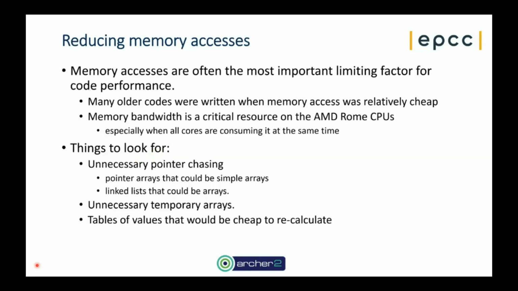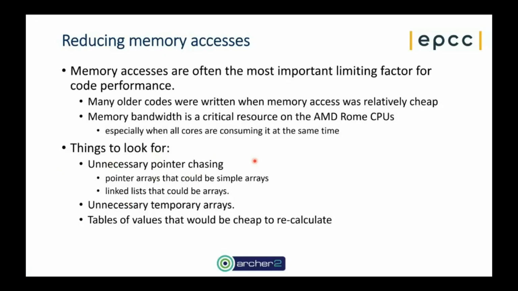A lot of codes on a system like ARCHER2 are what we call memory bandwidth bound, so they're limited by the amount of data they can store or load to and from memory. You can often optimize codes by going through and getting rid of some features which trigger higher data load and store overheads.